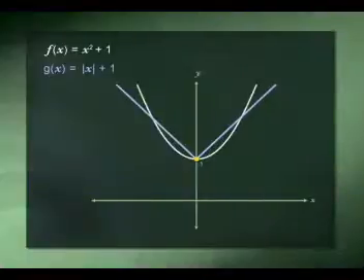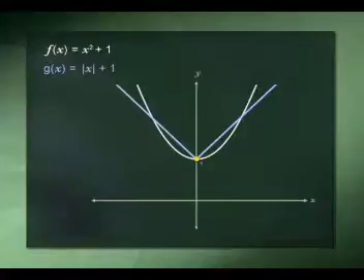Here's a picture of those two functions before I've zoomed in very far. One of them is a parabola with a y-intercept of 1, and the other is the absolute value function moved up 1 unit. So they intersect at 0, 1.